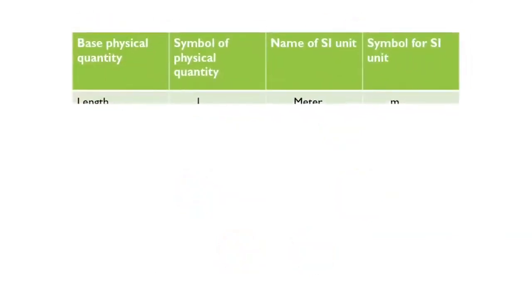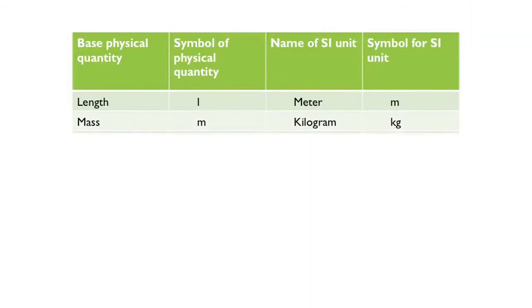You can see that meter is the SI unit for length and the symbol is a small m. Similarly, kilogram is the SI unit for mass, which is abbreviated as kg. Second is the SI unit for time, which is given by the symbol small s.